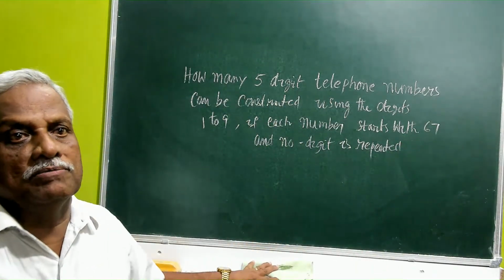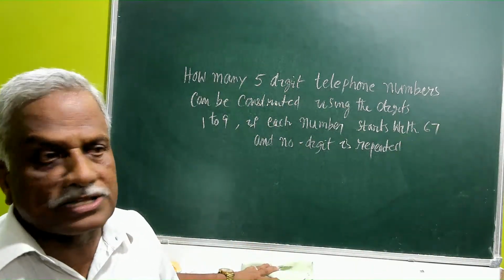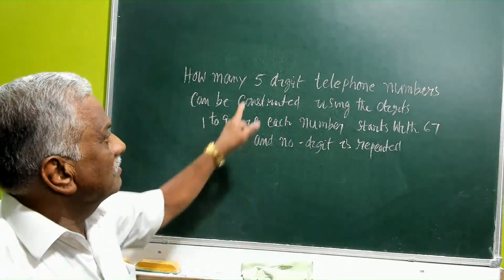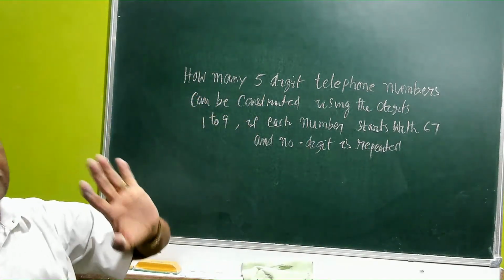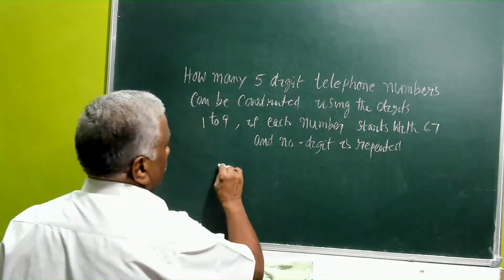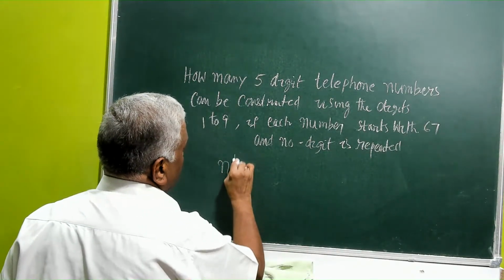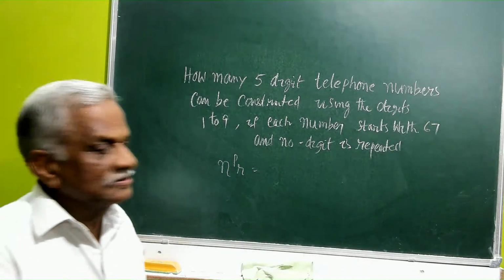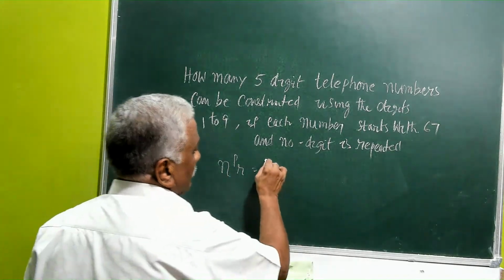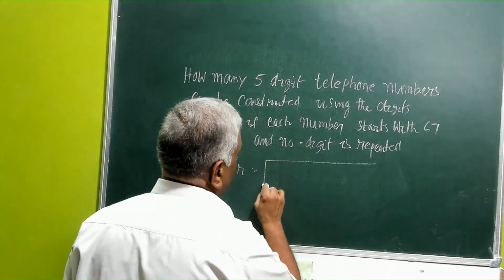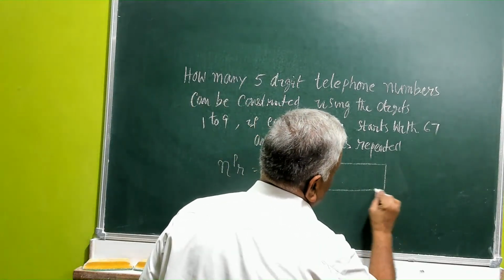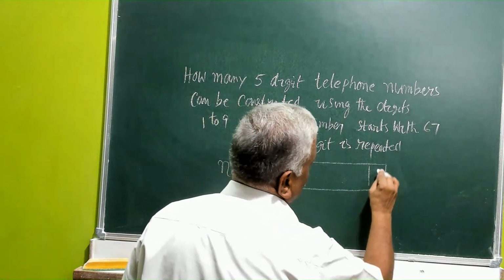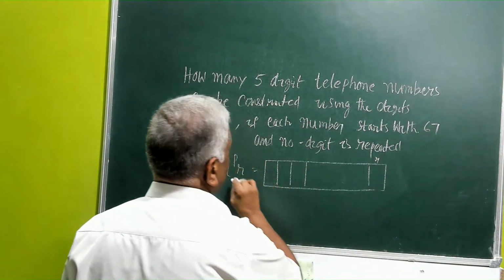When I work this problem, if you follow the analogy, you can work any problems of this type. First of all, we should try to understand the meaning of nPr. nPr means filling r boxes, 1, 2, 3, etc., with n things.